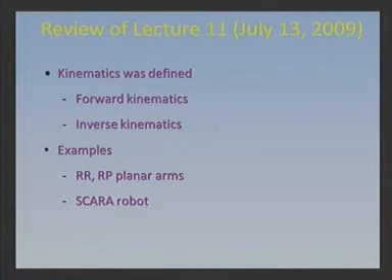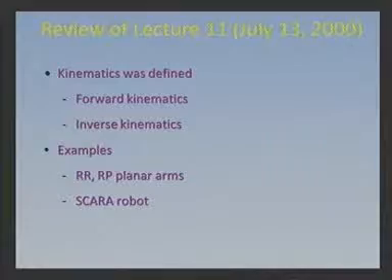Just to have a look at what we did in the last class, I defined kinematics. Under kinematics we had forward kinematics and inverse kinematics. Suppose I have this hand, and I apply some joint motion to my first joint and to the second joint, and I calculate where my end effector is.